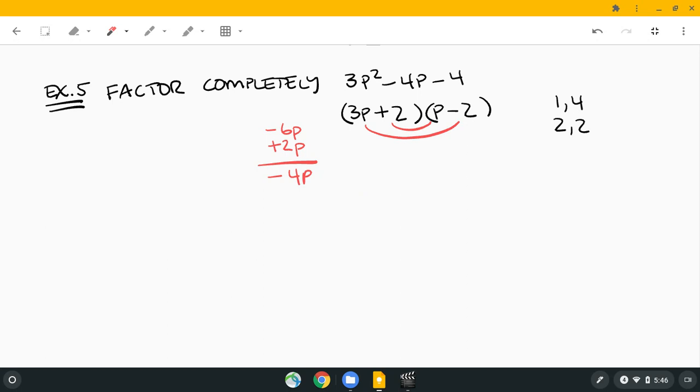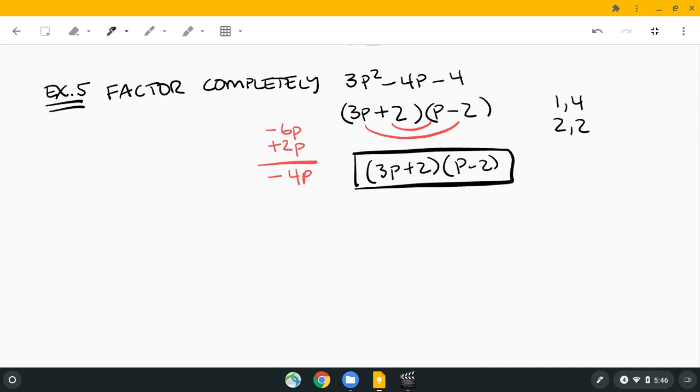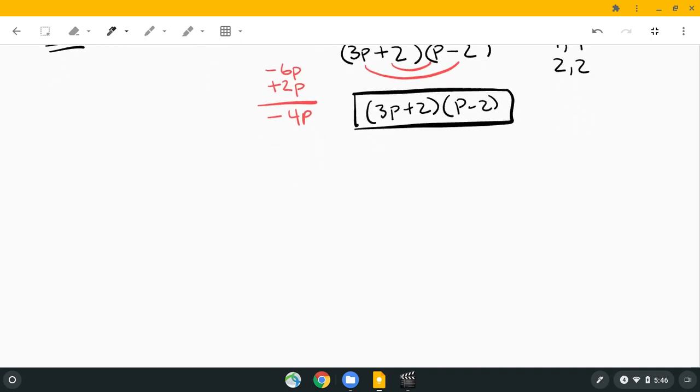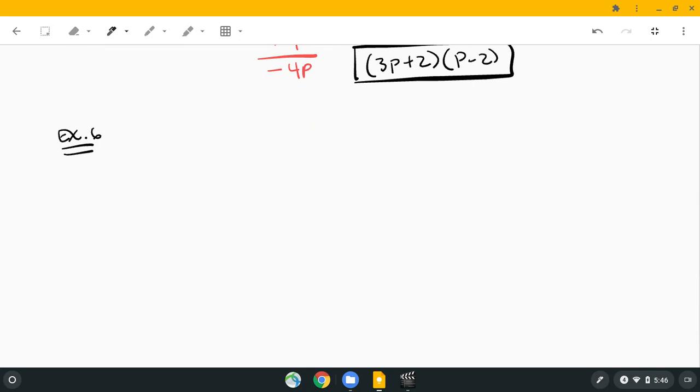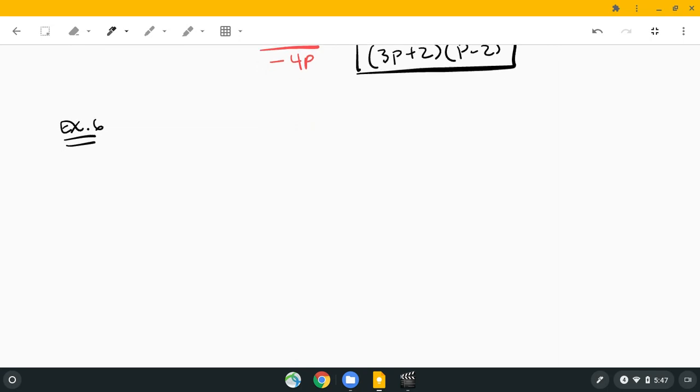All right, so this is the correct answer: 3p plus 2 times p minus 2. Let's take a look at example number 6. So let's take a look at this one.